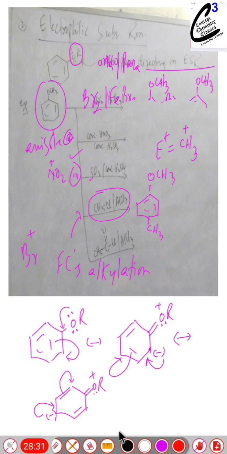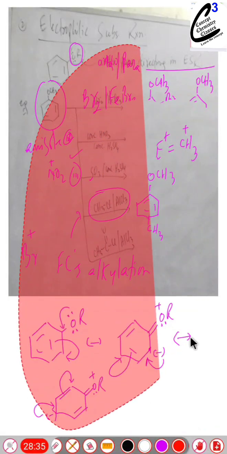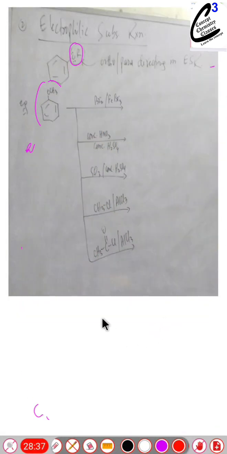The last reaction is Friedel-Crafts acylation. Anisole is reacted with acyl chloride, acetyl chloride, CH3COCl, in presence of AlCl3. The electrophile generated in this case is CH3C double bond O, and this carbonyl carbon atom will have a positive charge.